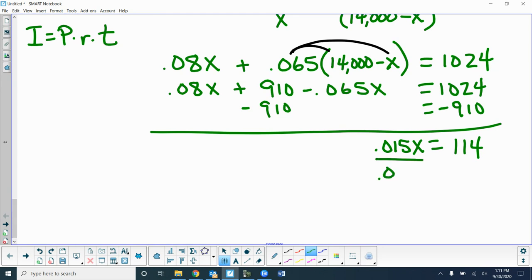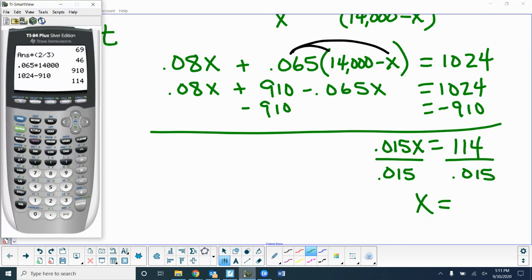Again, if you get a negative, you did something wrong, because we're looking for an amount of money that should be positive. So the 114 divided by 0.015. Oops, no negative. I don't know why I was thinking that. It's $7,600.